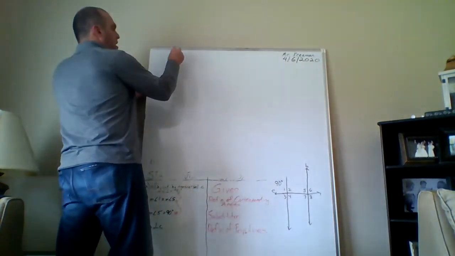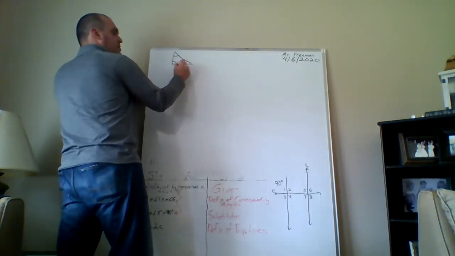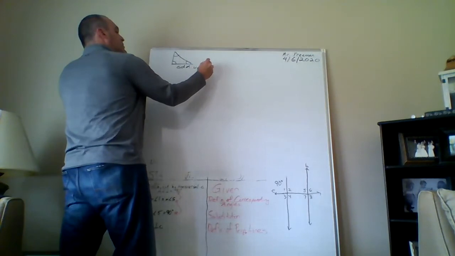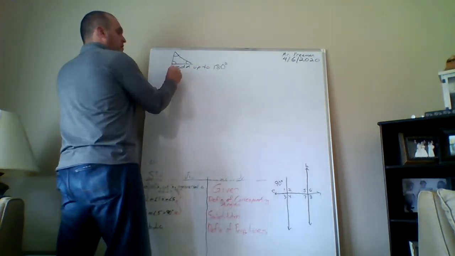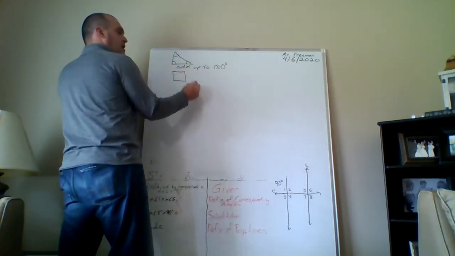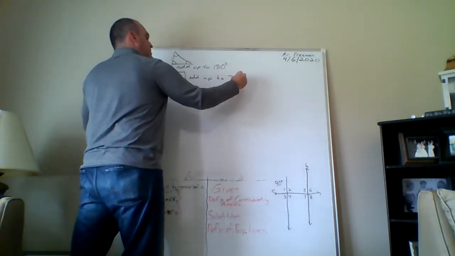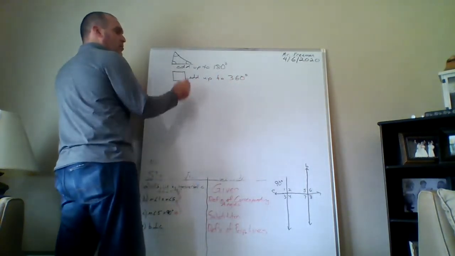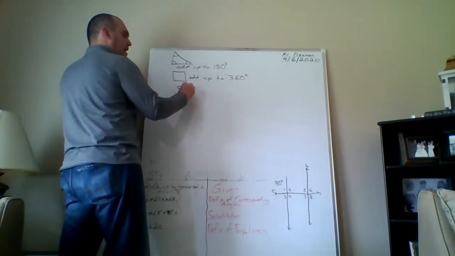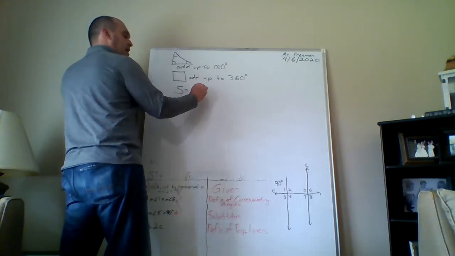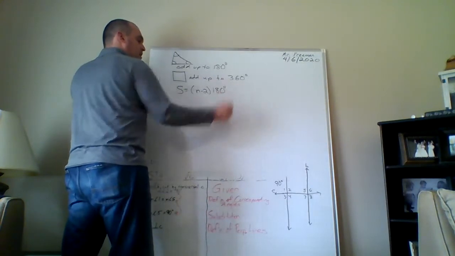We just talked about how the angles in a triangle add up to 180 degrees. That's something you should kind of know. If it's a four-sided figure, those angles add up to 360 degrees. Both of those come from this formula with a capital S. It says n minus 2, and we just multiply whatever that is times 180 degrees.